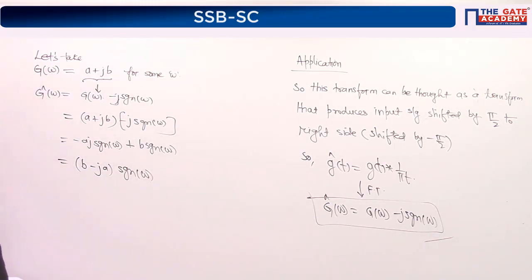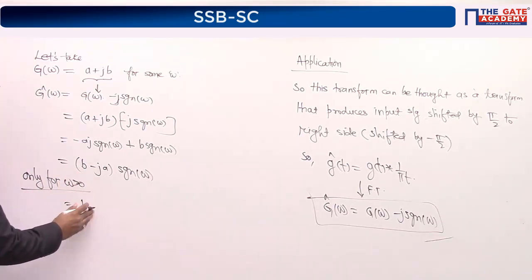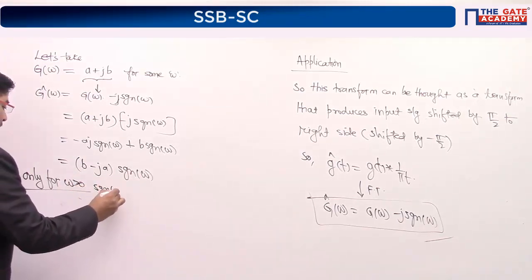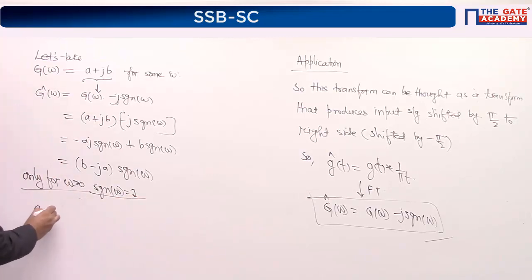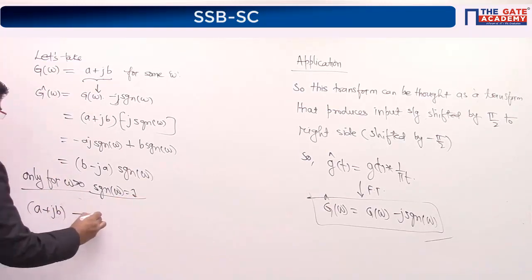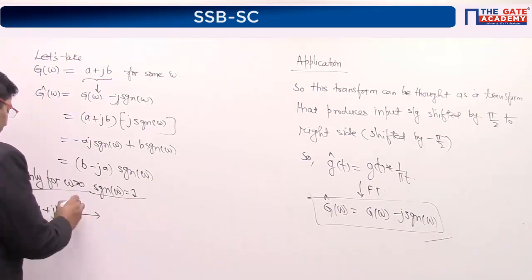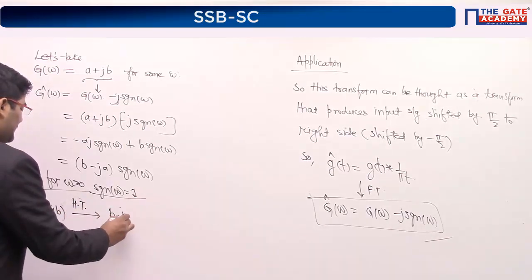If I talk only for omega greater than 0, the signum omega term becomes positive, because signum omega is equal to 1 when omega is greater than 0. So your input is a plus jb, you feed it to the Hilbert transform, H t, and finally you get b minus ja.